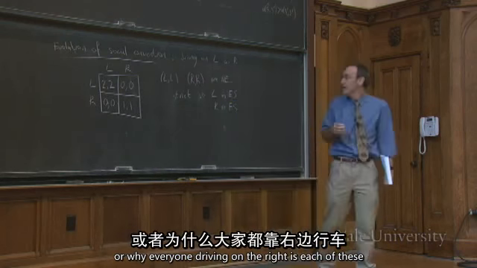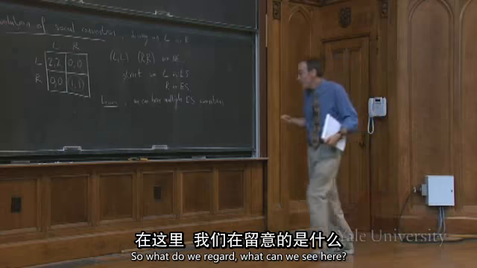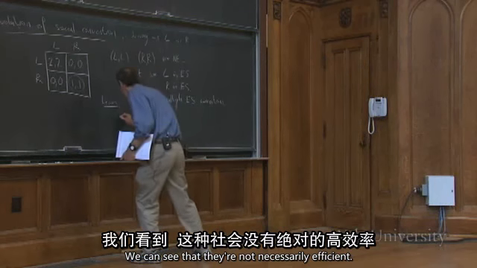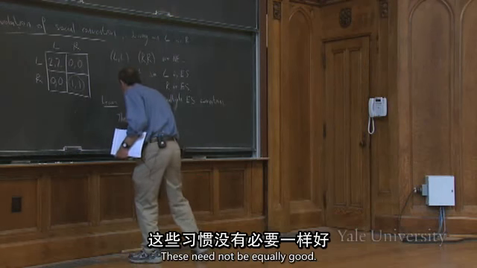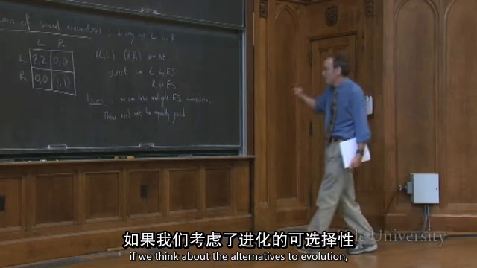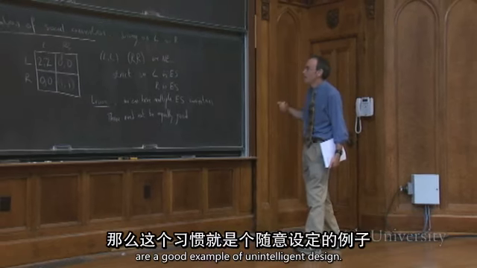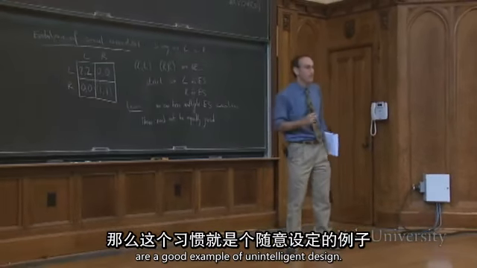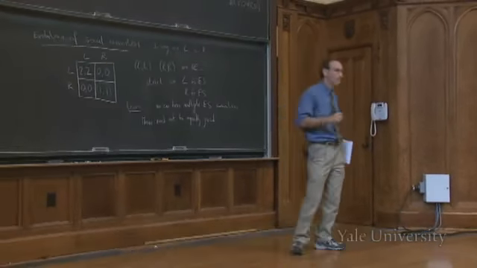So what we see here is that these are not necessarily efficient. These need not be equally good. It's hard to resist saying that American society's driving habits, if we think about the alternatives to evolution, are a good example of unintelligent design.